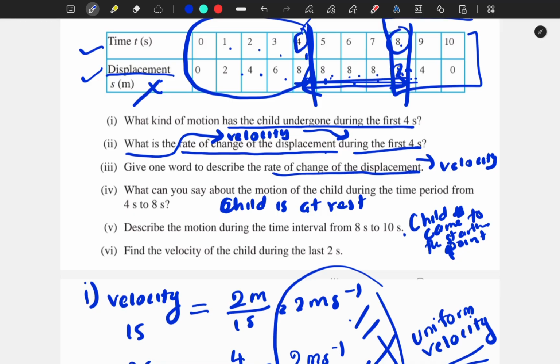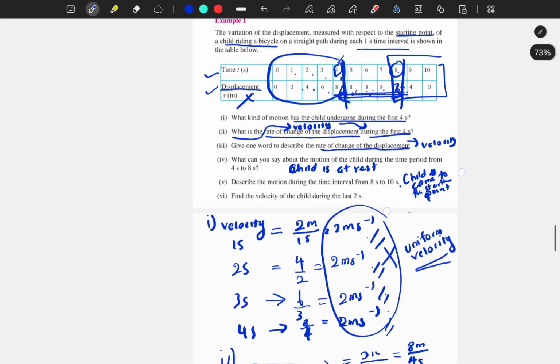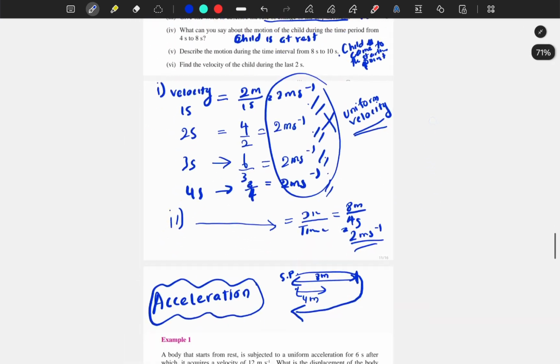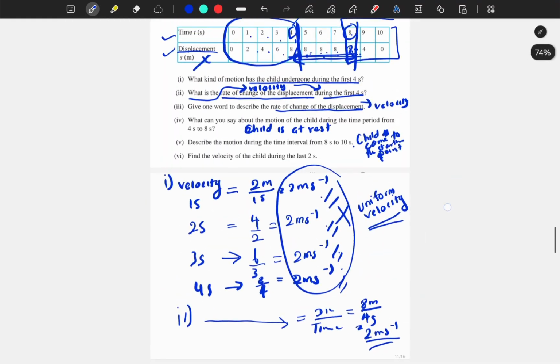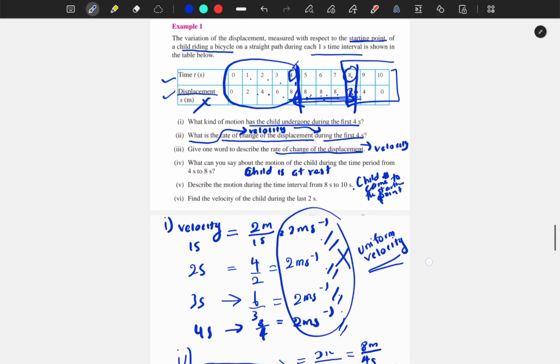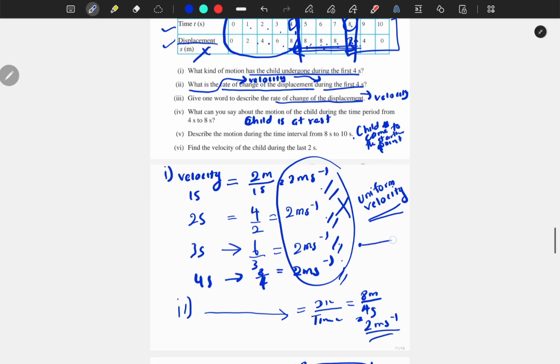Find the velocity of the child during the last 2 seconds. The velocity is asked for the last 2 seconds, right? So when asking about the velocity for the last 2 seconds, how much displacement and how much time did it take? At the start of the last 2 seconds, at the 8th second, the child is 8 meters from the starting point, right? By the time those 2 seconds end, the child has come back here. So how much displacement has been traveled? 8 meters.